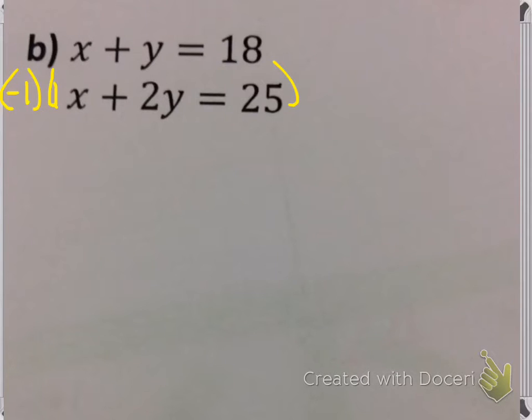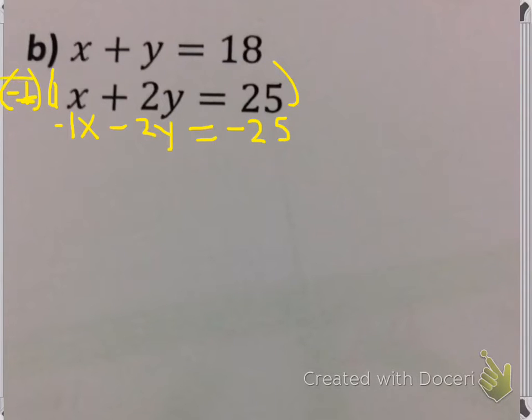So a negative 1 times a positive 1x is a negative 1x. A negative 1 times a positive 2y is a negative 2y. And a negative 1 times 25 is a negative 25.